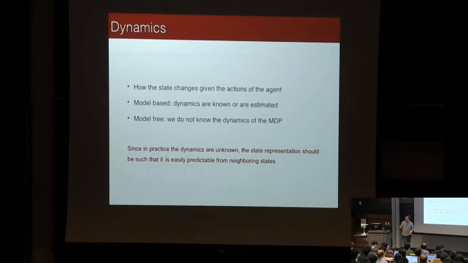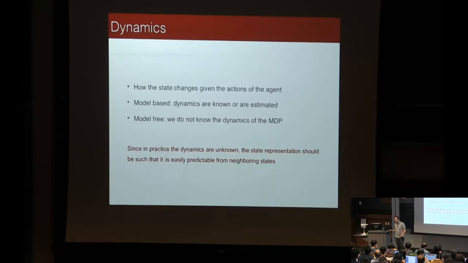In general, it's very difficult to predict the state of the world. But the state representation should be such that it's easily predictable from the neighboring states. That's one of the assumptions we're making in terms of generalizability. If you see a similar state, maybe the action you should take should be similar in both cases, because the state is not changing that much.